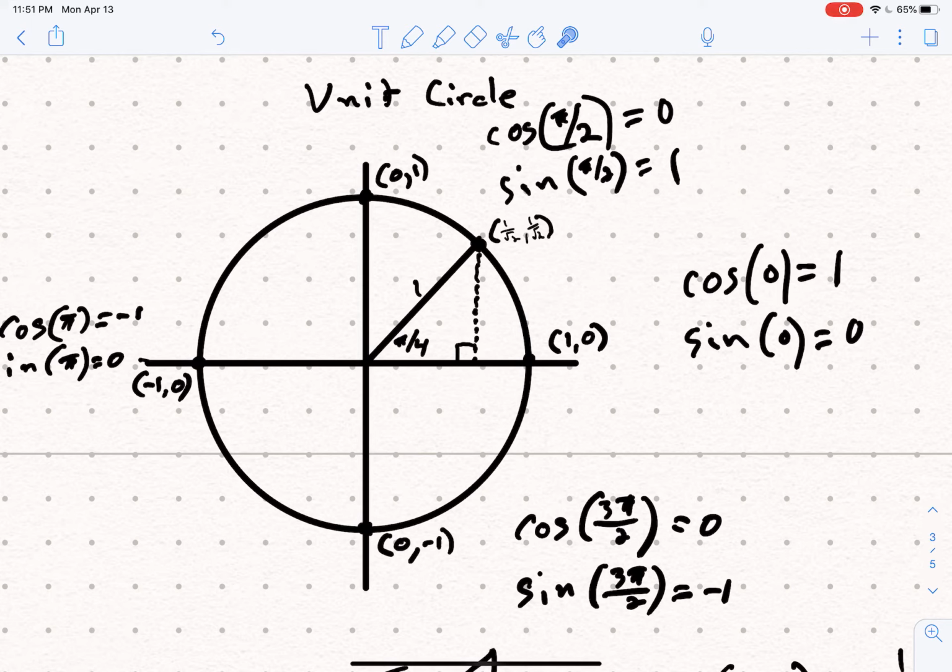That appears in the lesson, both in the book and on the webpage, but I'm not going to go through it here. But it does allow you to get the sine and the cosine for the 30-degree angle as well, and a similar strategy works for 60-degree angles and so on.